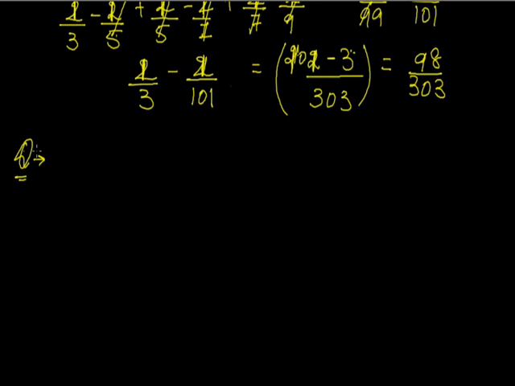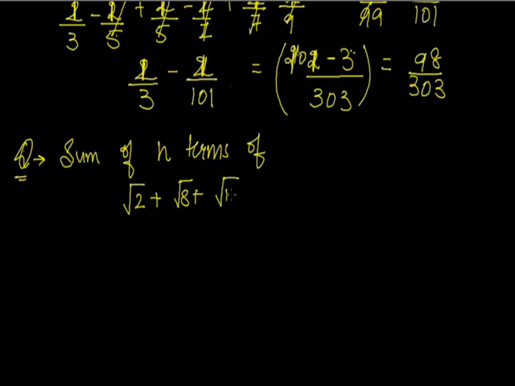Another question is, we have to find the sum of n terms of this AP: root 2 plus root 8 plus root 18 plus root 32 and so on. In this, what we will see, this is root 2. This can be written as 2 root 2. This can be written as 3 root 2.